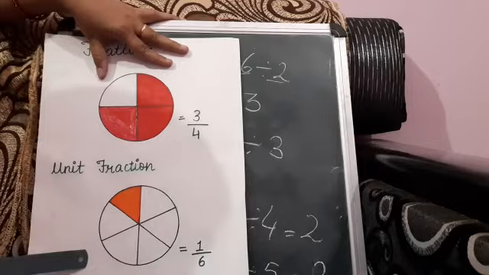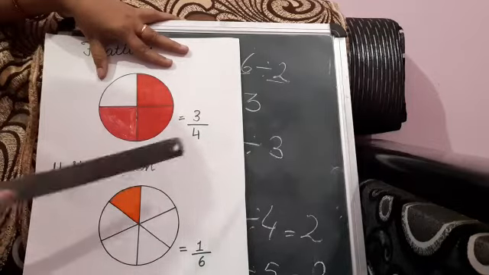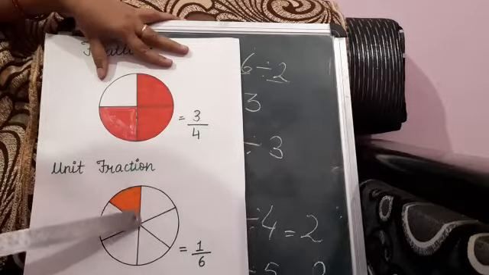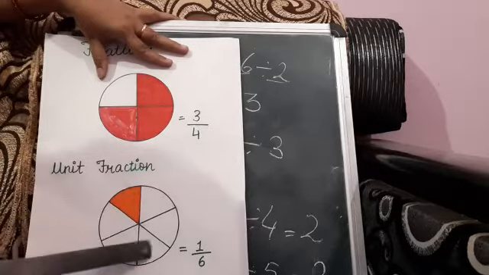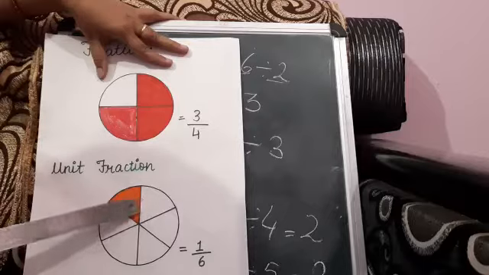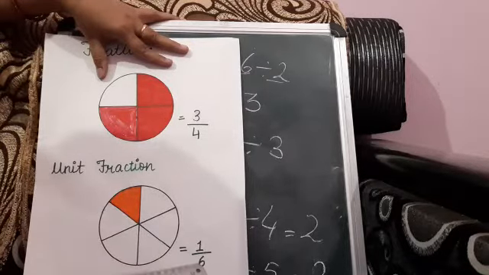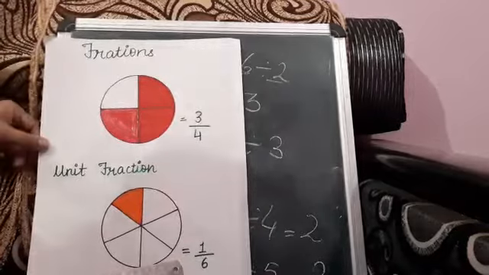It may be 2, 3, 4, 5 and so on, but we will consider only one part. In this you can see, I am shading only one part. I have divided the circle into 6 parts, but I am taking only one part. So in the numerator I am writing 1 and in the denominator I am writing 6. So this is a unit fraction.